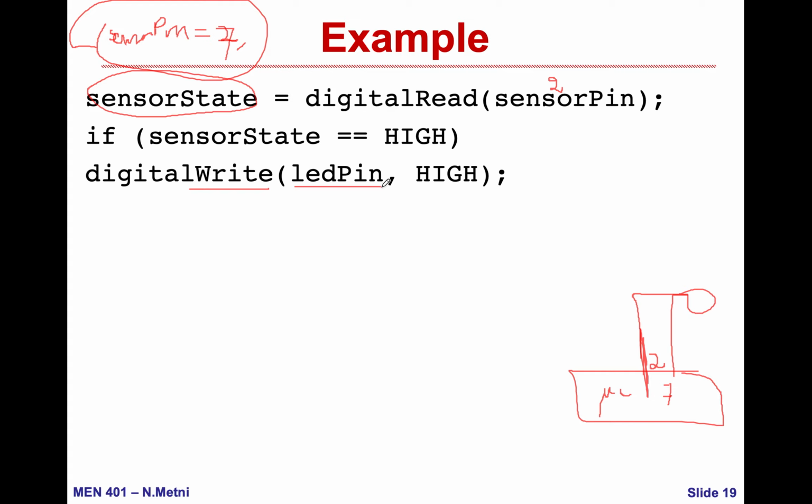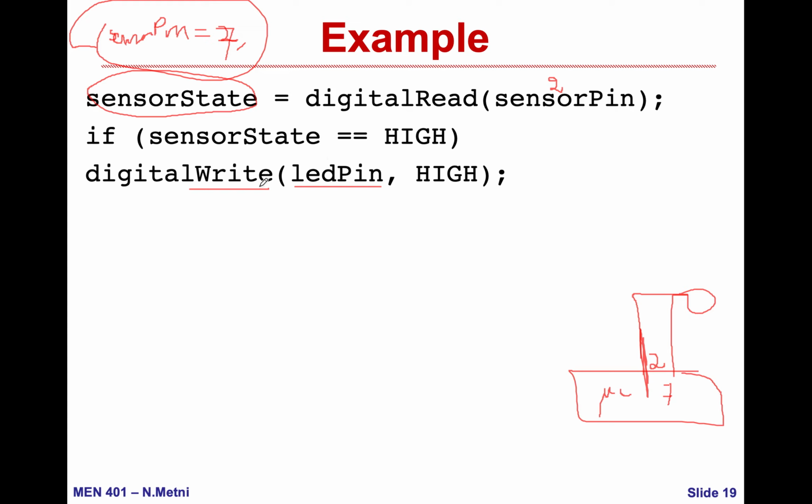Of course, we must not forget to define the LED pin here and do pin mode LED pin output. If all of these instructions are inside a void loop, then even if I am still very far from my obstacle, in other words, Emil is not yet at the door, I will keep checking.